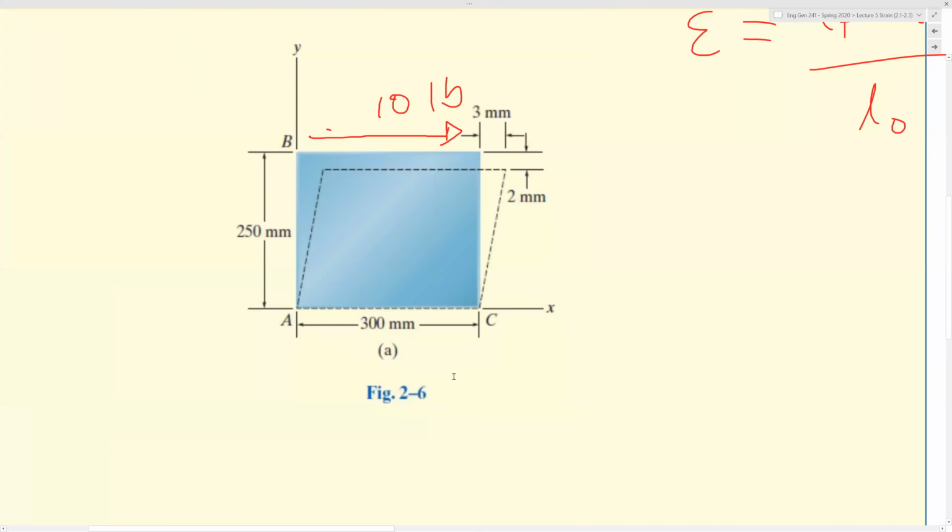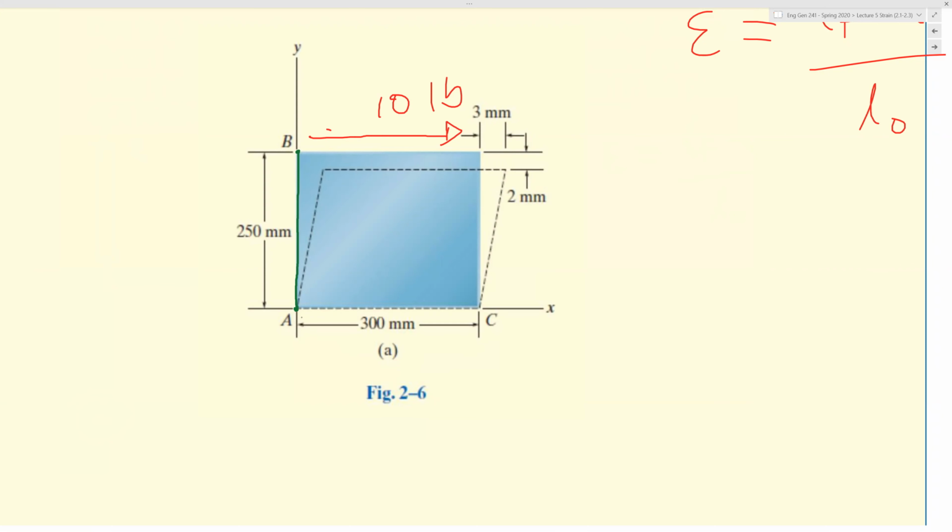Imagine that you get a green Sharpie, you draw a line on the box, that's the line of the box. What is the length of that line? 250. Thank you. Now, what happens after? What happens to that line segment after?